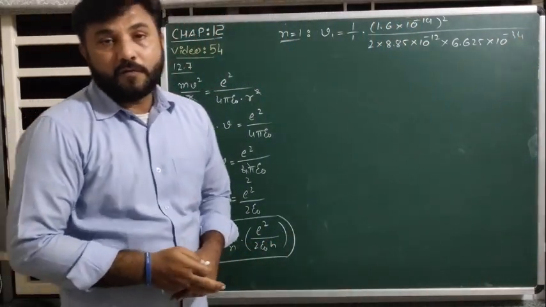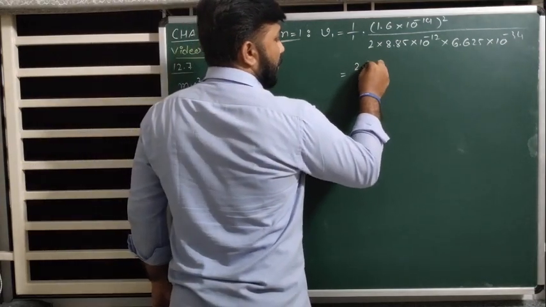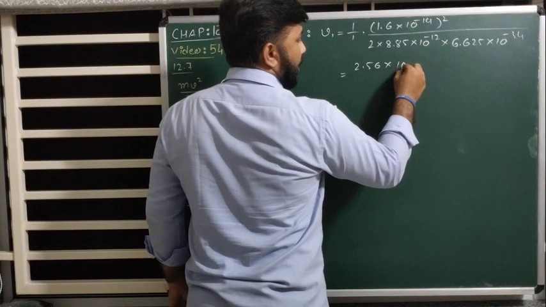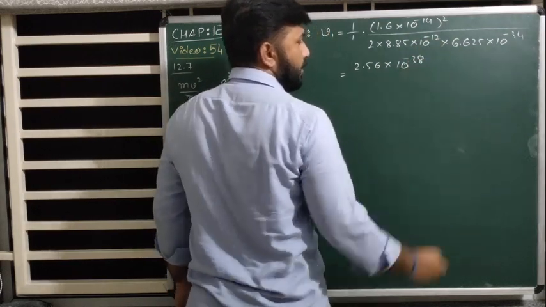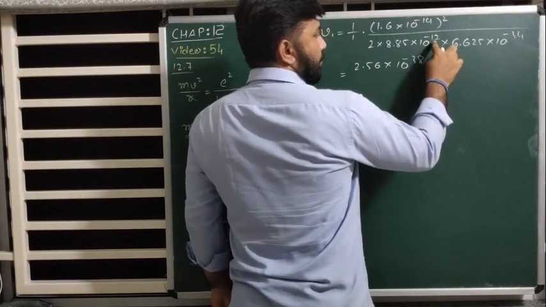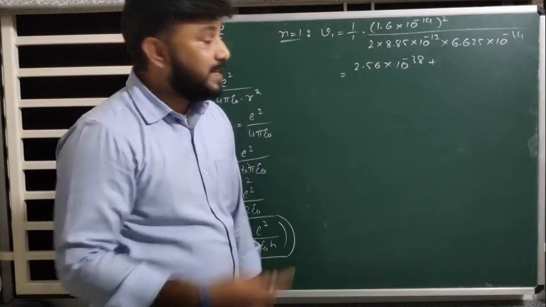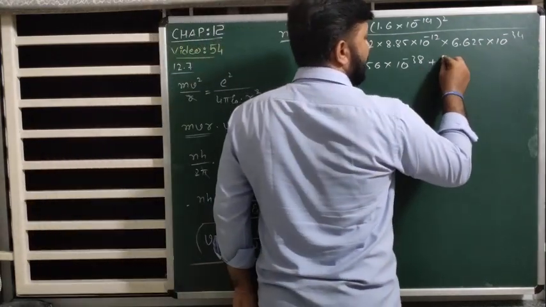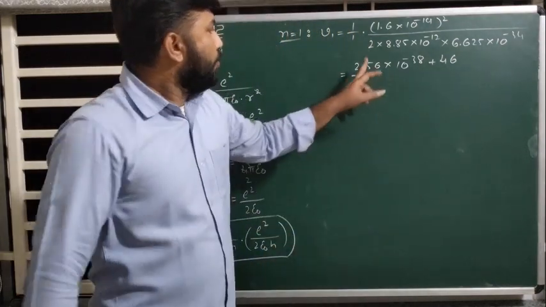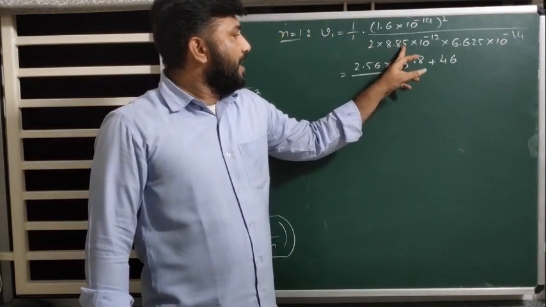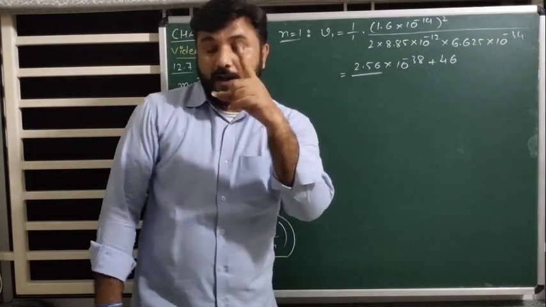Do the calculation. 1.6 square is nothing but 2.56 multiplied by 10 raised to the minus 38. Minus 12 minus 34, it is minus 46, take it upside, so it will be plus 46, divided by 2 multiplied by 8.85 multiplied by 6.625. Do the calculation in your calculator.